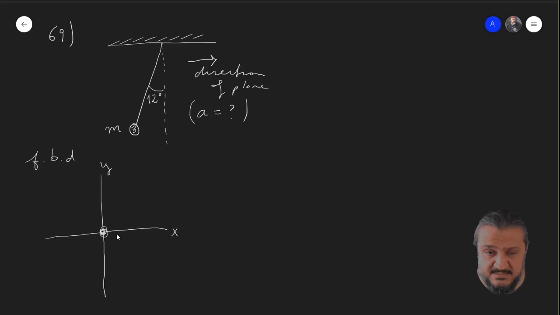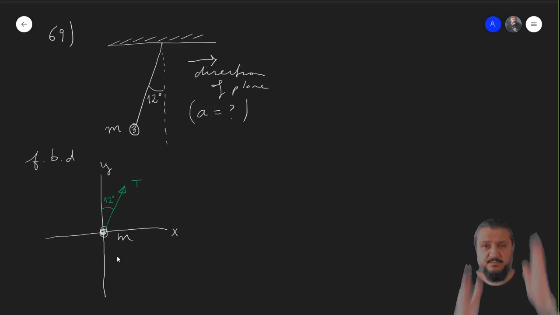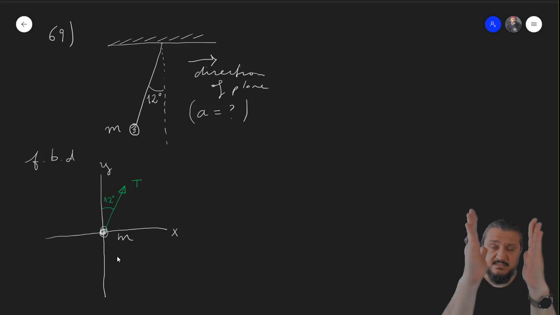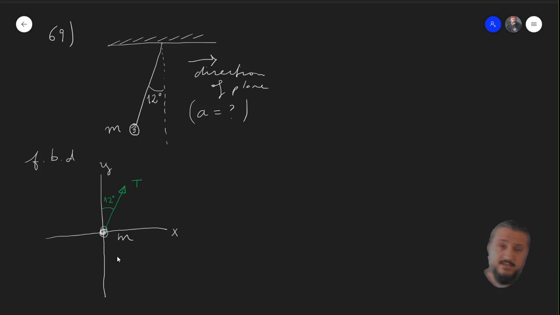This is your mass. Now let's show the forces. We have the tension in the cable. Right? The tension in this string, cable, whatever it is. And that vector T now makes an angle of 12 degrees, again, with the vertical. Okay, so whenever you have two parallel lines and a third line intersecting them, you have the same angles on the sides, right?